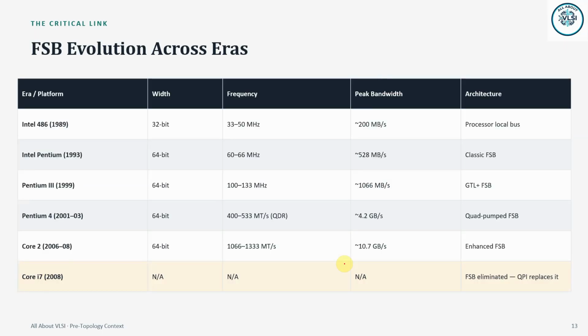FSB evolved across time. In 1989, in the Intel 486 era, it was 32-bit width, with this frequency and this 200 megabits per second bandwidth, and the architecture was basically a processor local bus. So in 1989, the Intel 486 didn't use any particular FSB.